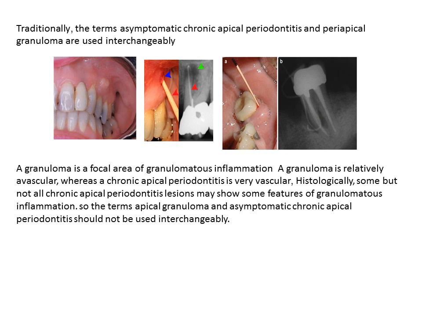So sometimes if it is accumulation of granulation tissue, it's a granuloma. While if there is such a drain and a pus, so it is chronic apical periodontitis. What's a granuloma really?